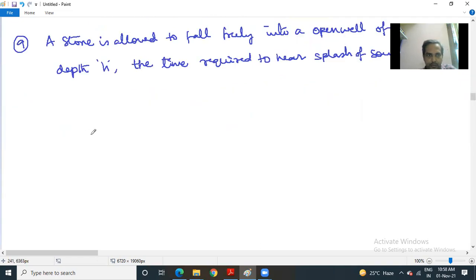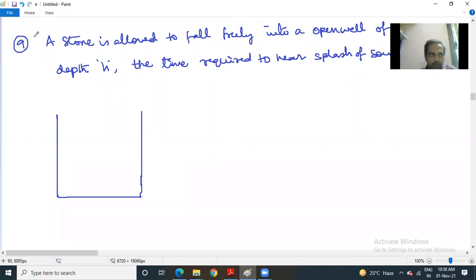So the person who is dropping the stone has to wait. Try to understand with the help of a diagram.